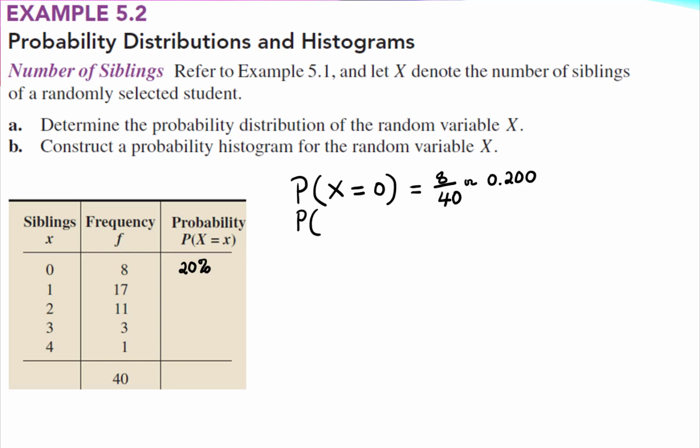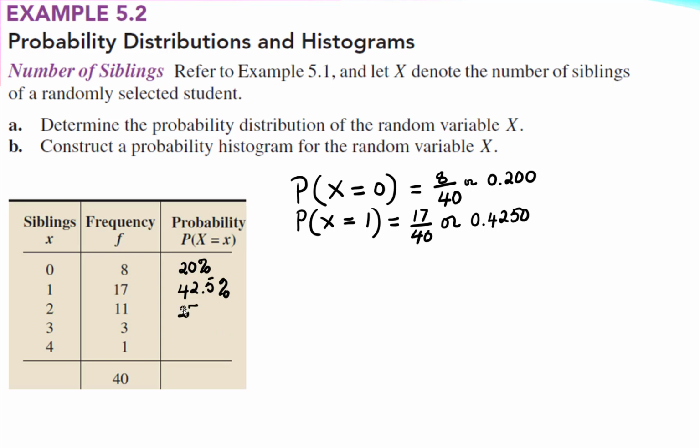Another example: the probability of x equal to 1 will be equal to its frequency, 17, divided by the total frequency, which is 40. So P of x equal to 1 will be equal to 0.4250, which is 42.5%.